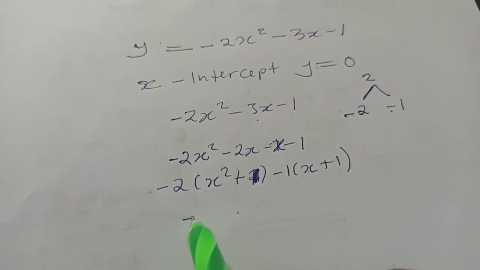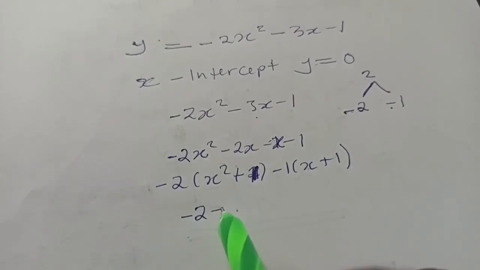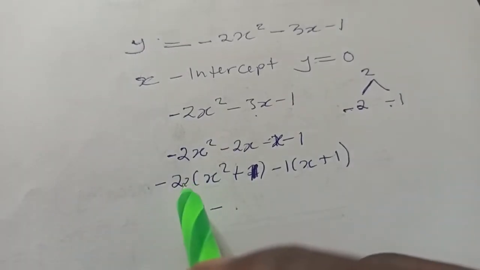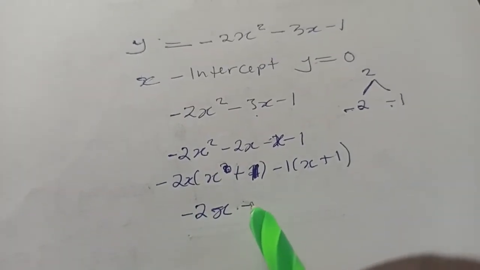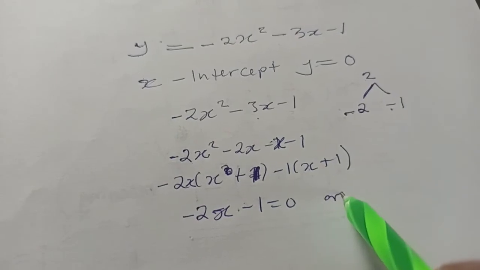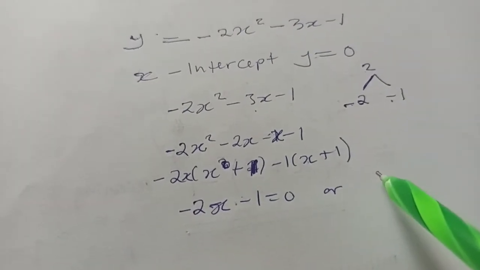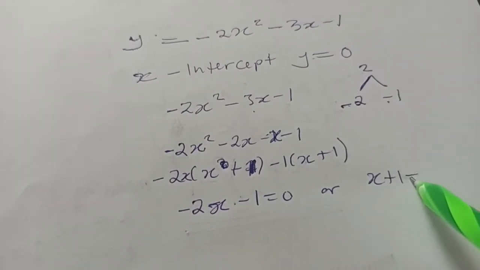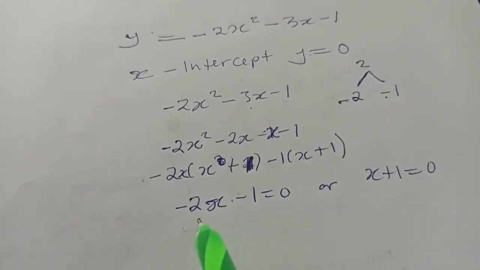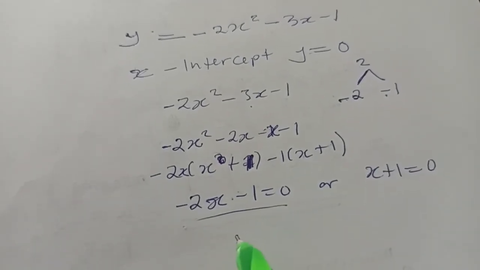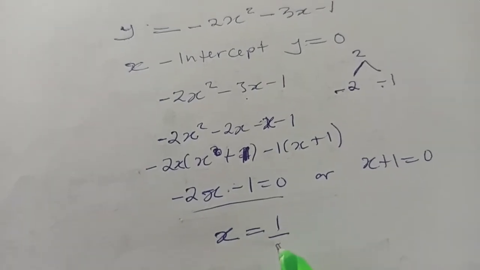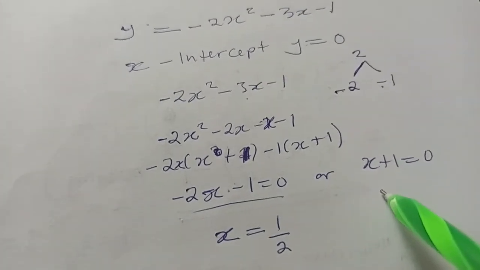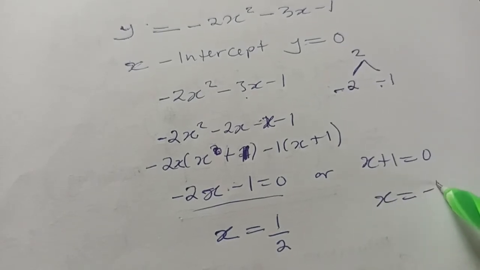So the answer is -2 minus x minus 1 is equal to 0, or x plus 1 is equal to 0. Then when you find the value of x here, it is giving us x is equal to 1 over 2, then we have x is equal to 1.